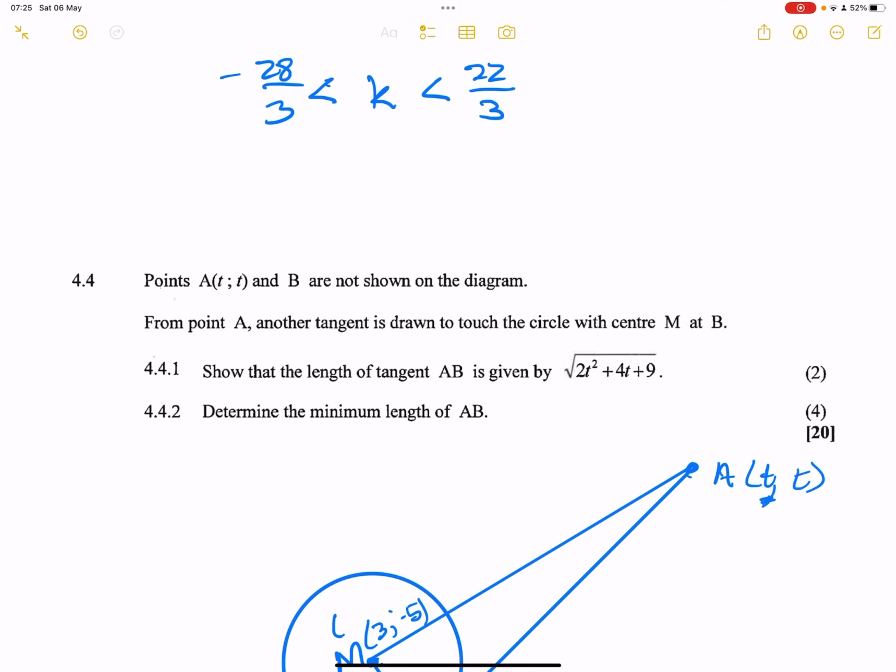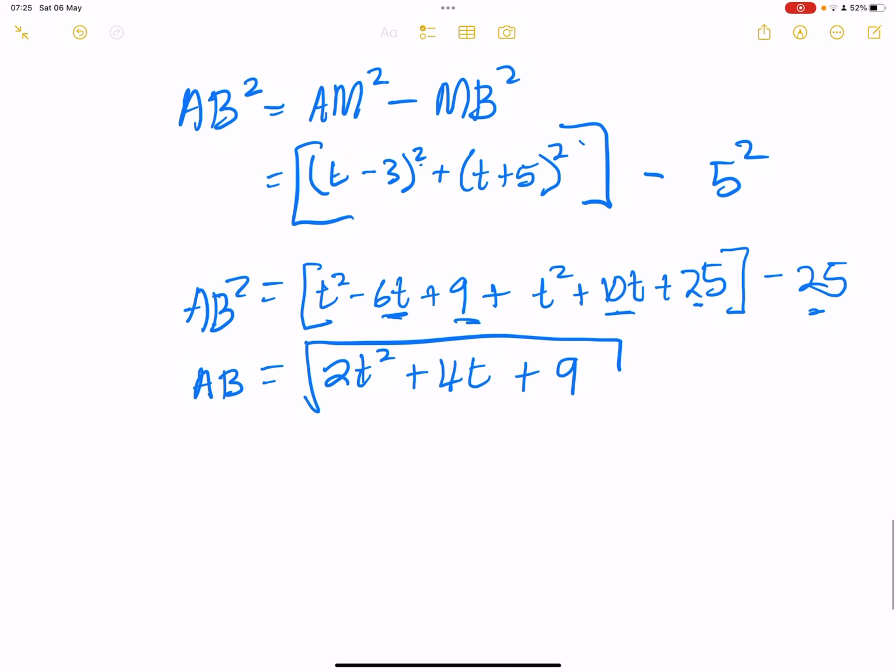Then the next question says determine the minimum length of AB. Please note that what is inside there forms a quadratic equation. Remember, what do we do to minimize? We always take the gradient and make it equal to 0.